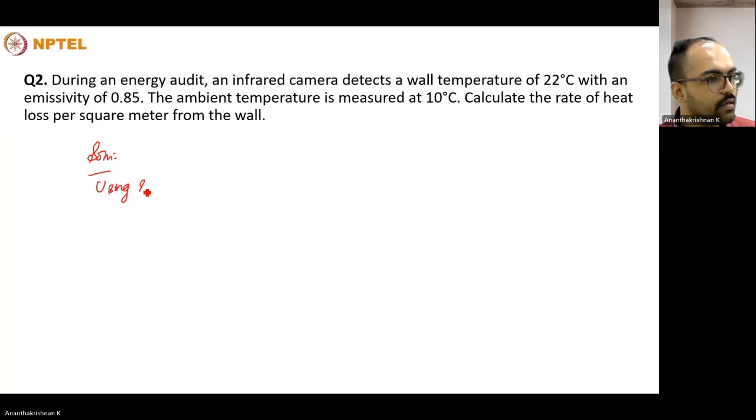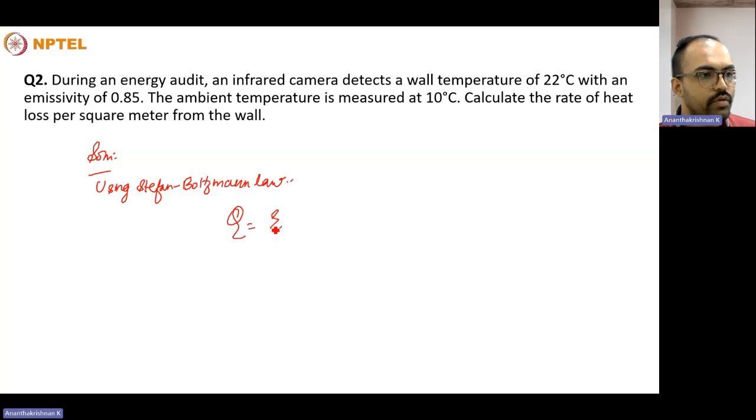Using the Stefan-Boltzmann law, Q is equal to epsilon sigma (T raised to 4 minus T ambient raised to 4). So we need to find the flux actually.